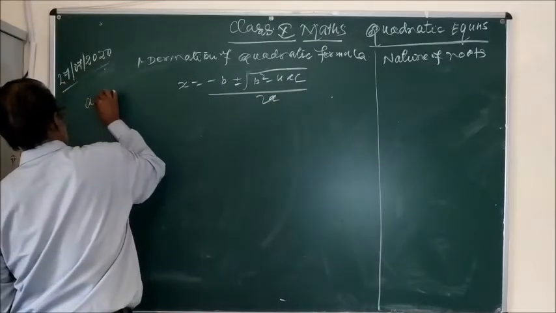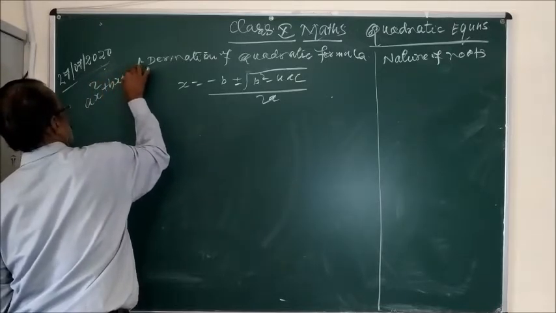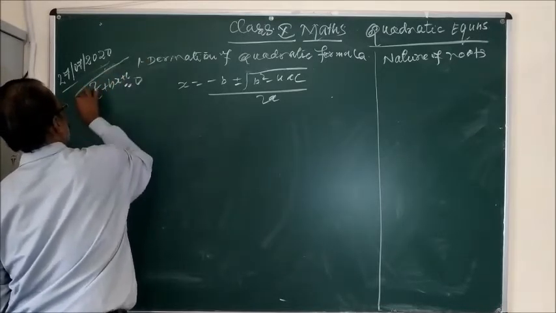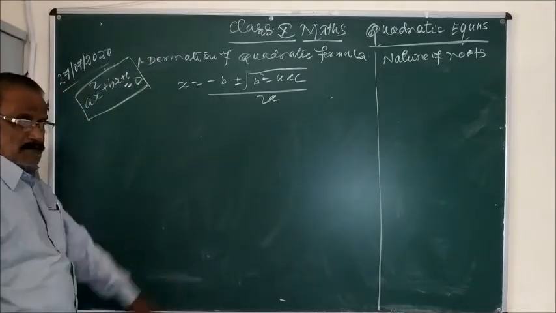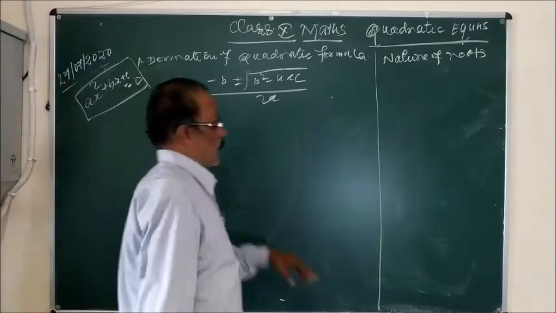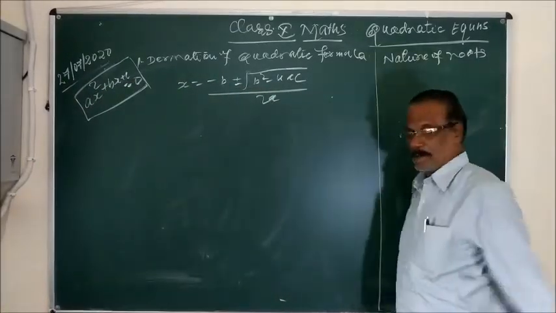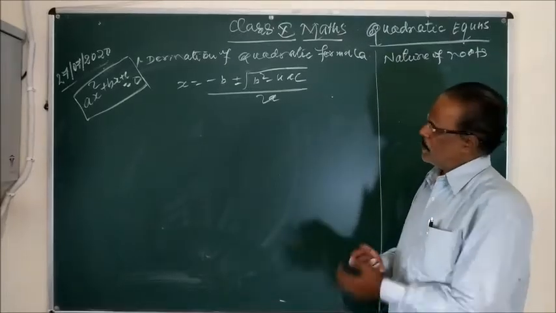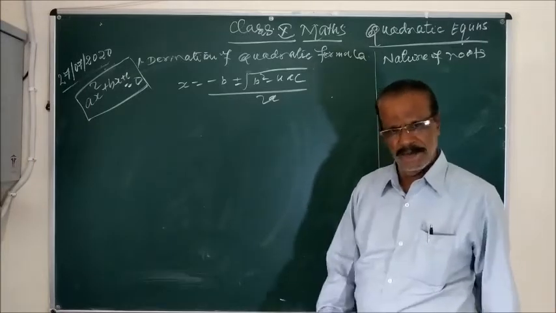And this is the general form: ax square plus bx plus c is equal to 0. Now if I ask you how you will find the quadratic formula, this formula you have to remember, but now I will explain how you will derive this.